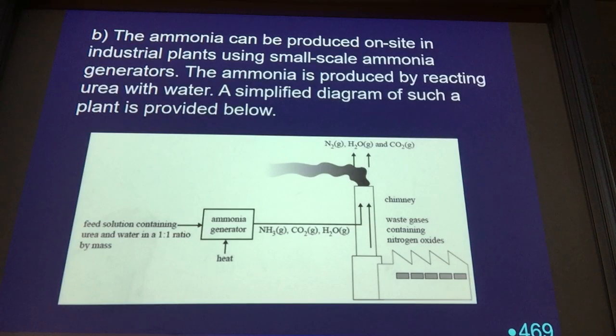Okay, so now we're going to make ammonia using an ammonia generator. So we've got urea coming in, we've got ammonia coming out, and then that ammonia is going to go into the chimney gases. Urea and water, 1:1 ratio by mass.